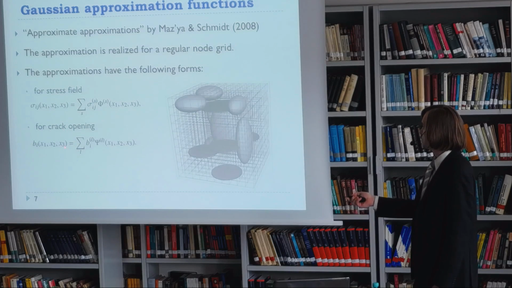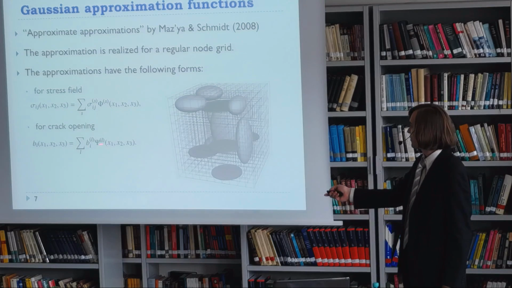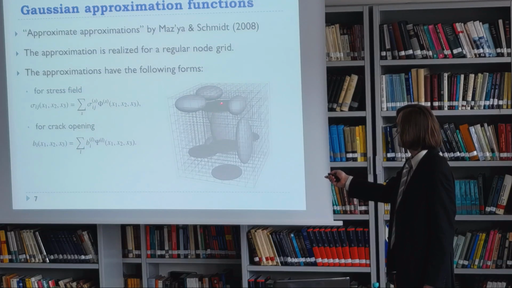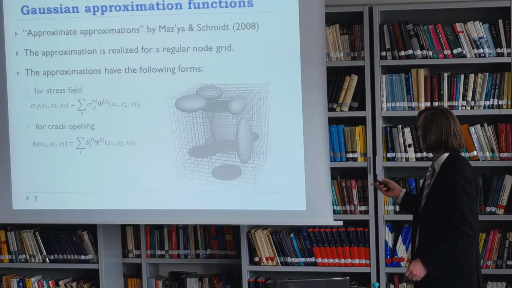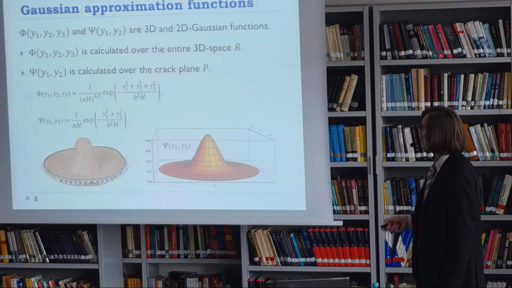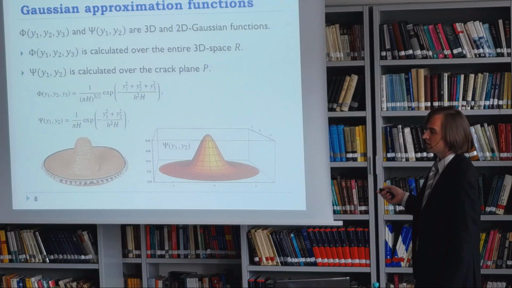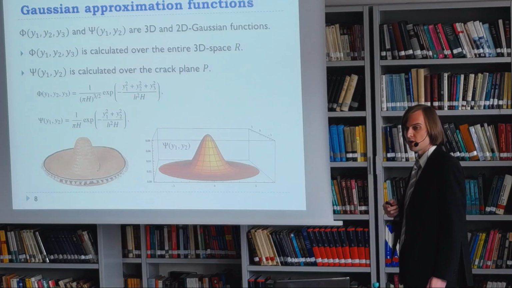And we're going to do the same for the crack opening. We approximate it as the crack opening at the points that lie on the crack surfaces multiplied again by the Gaussian function. So what are phi and psi? Again, as I have mentioned, there are three-dimensional and two-dimensional Gaussian functions.